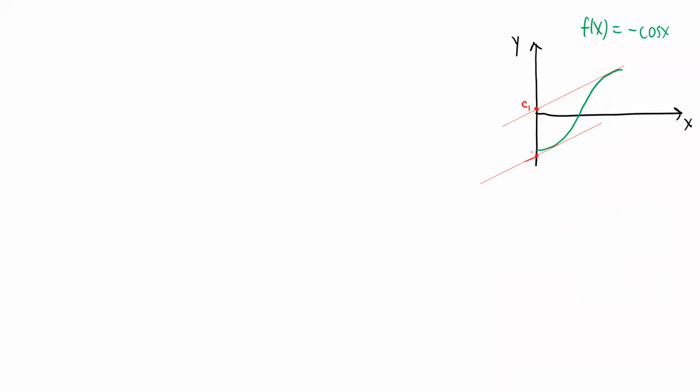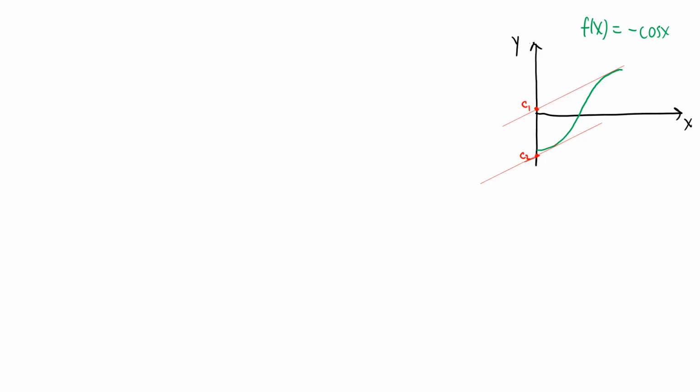Let me call this C1 and this C2. So this is the case when the Legendre transform won't work, because to construct a function of u, I give you one value of slope and it should give me one unique number.